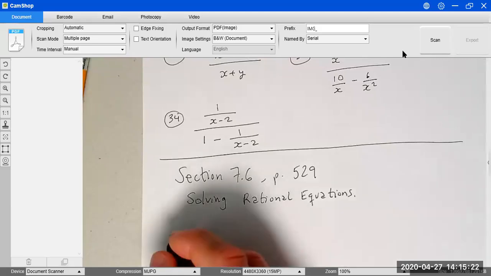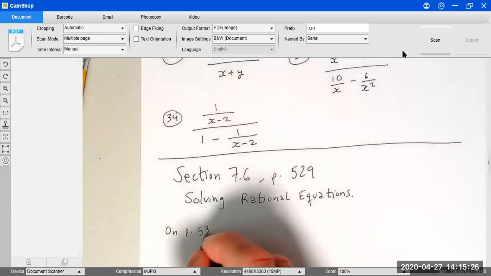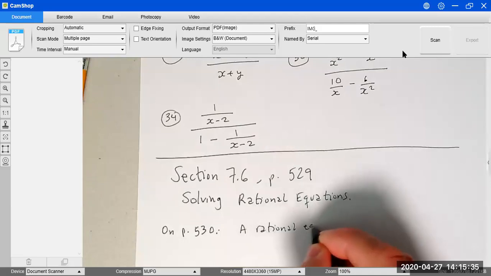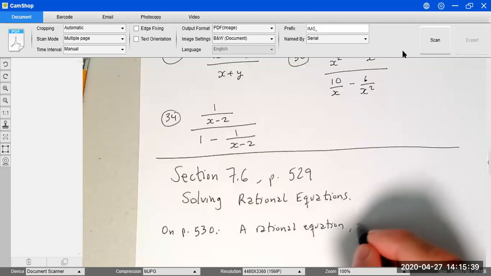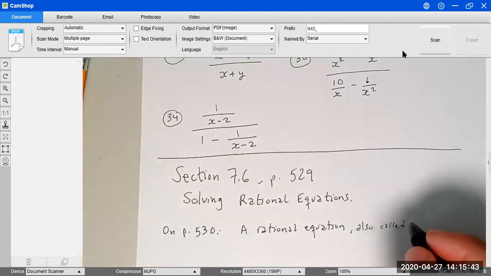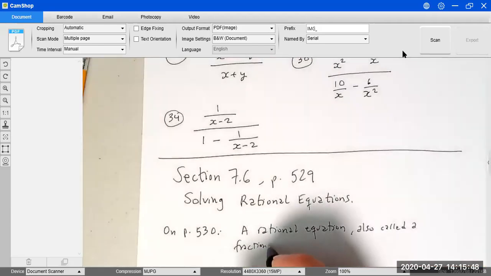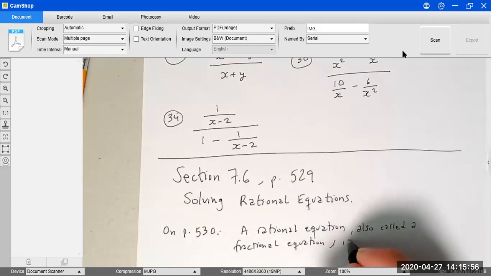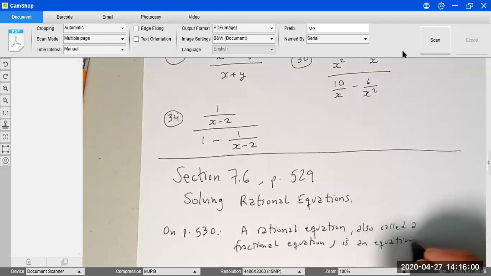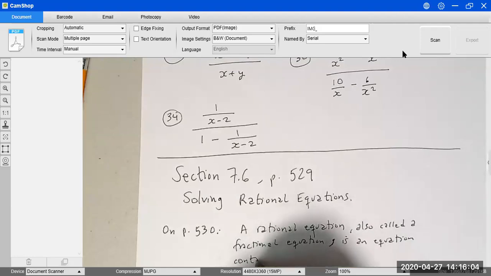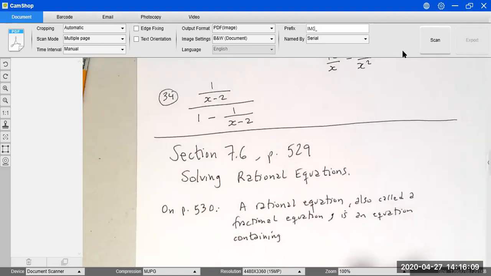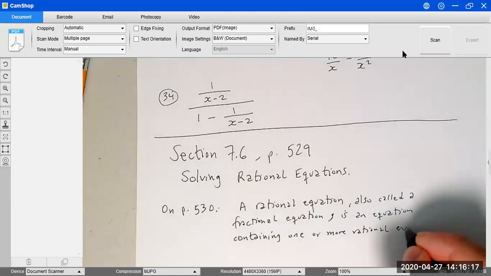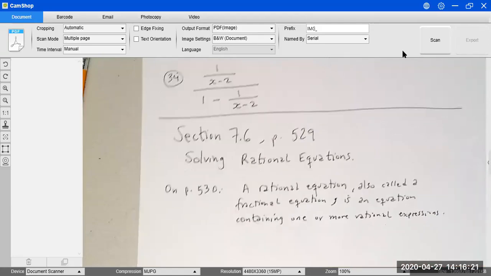There is a definition on page 530 that says a rational equation, also called a fractional equation, is an equation containing one or more rational expressions.